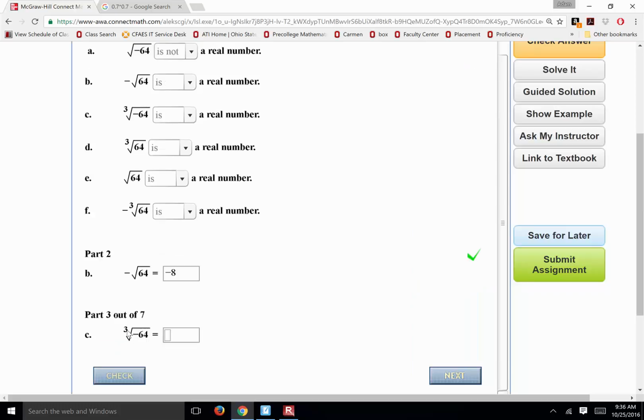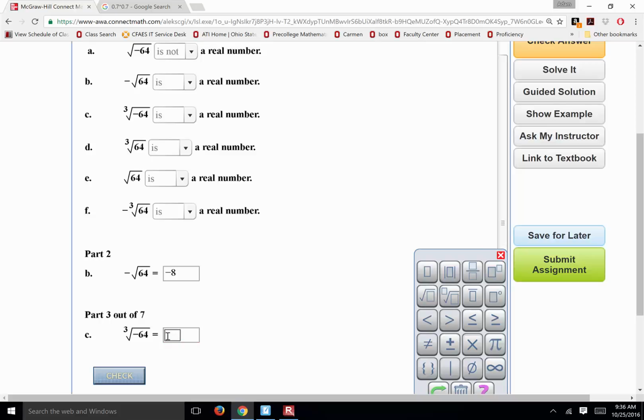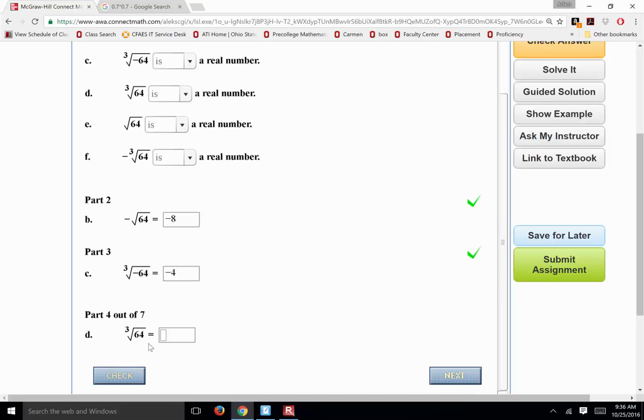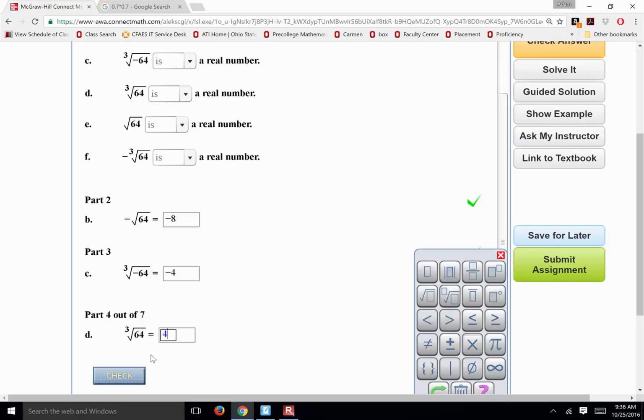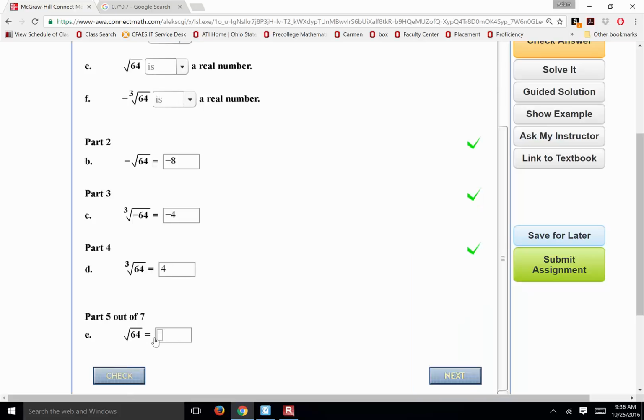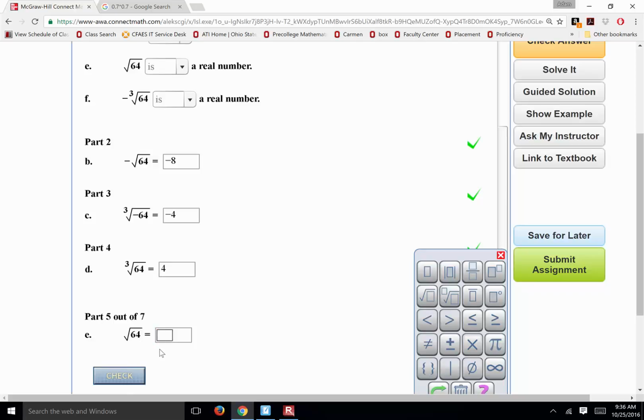What number multiplies itself 3 times to negative 64? Multiply a number 3 times by itself, it's going to make 64. Negative 4. What number multiplies itself 3 times to positive 64? Positive 4. What number multiplies itself to 64? 8.